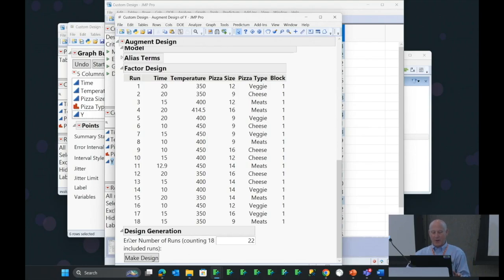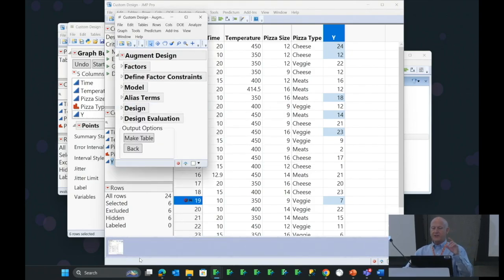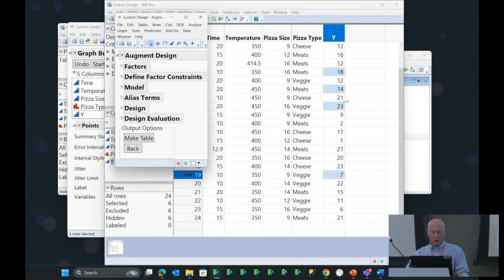So this might be the minimum. So let's try it. What I didn't check, but I'm sure would have worked with the other example, was the data for that would have worked.